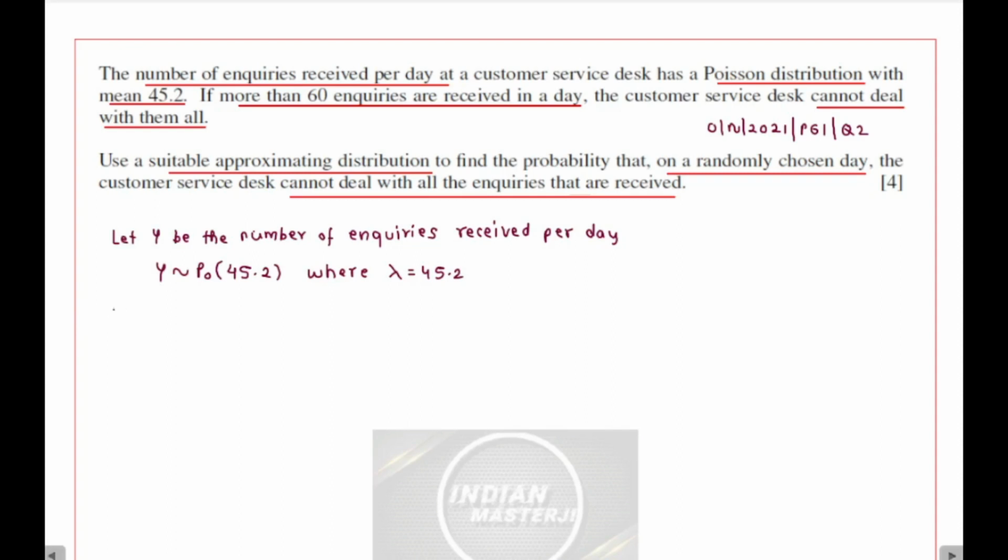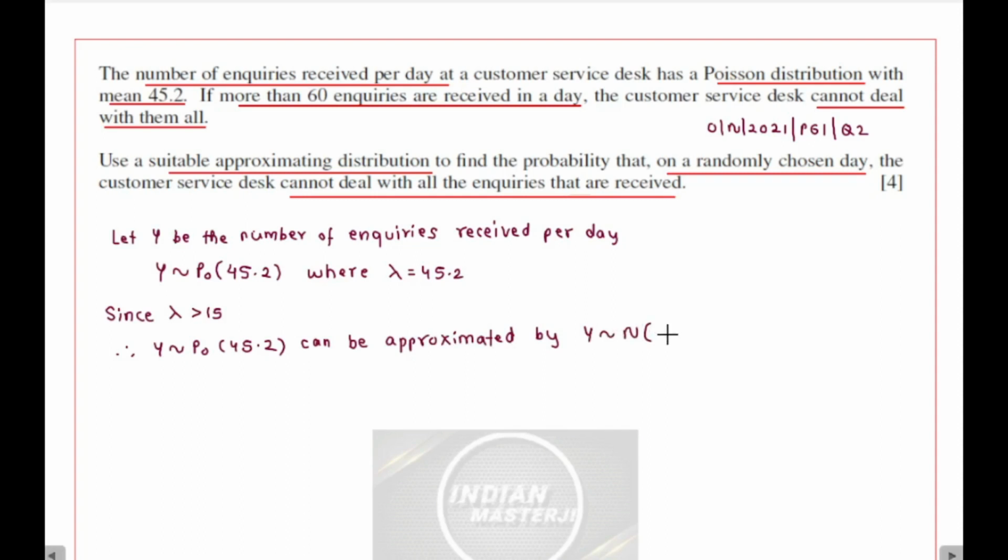So here we can say since lambda is greater than 15, y following a Poisson distribution can be approximated by y following a normal distribution. And what will be the parameters?